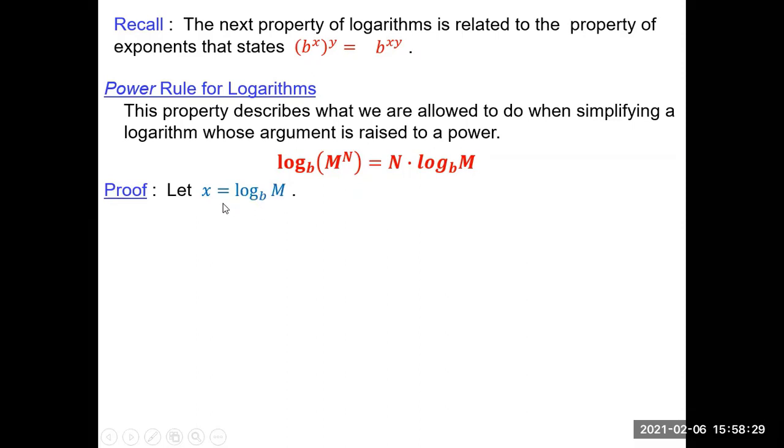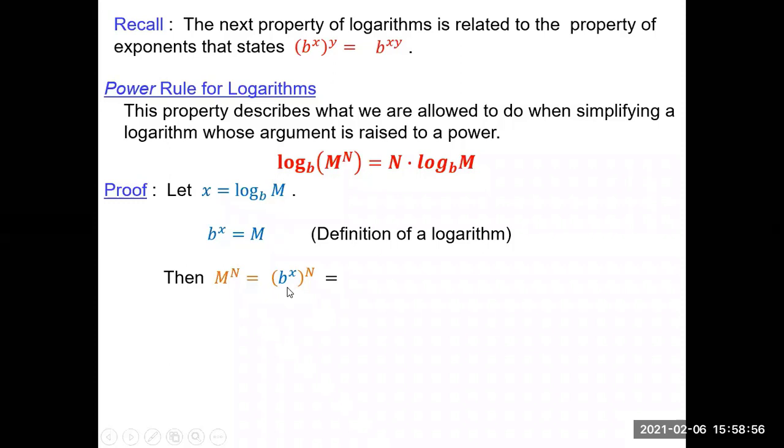Well, by converting this into exponential form, that gives us b to the power of x is equal to m. Which now means that I can use this property to say if I have m to the power of n, then I should be able to rewrite this as b to the x to the power of n, since m is the same as b to the x.